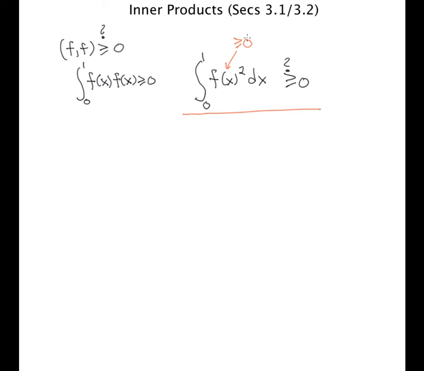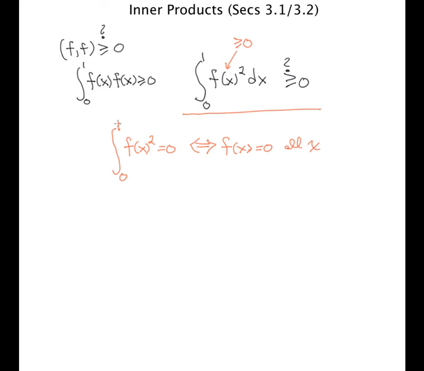And what about the business about it being equal to 0? I need to know that the integral of f of x squared is equal to 0 if and only if f of x is just the 0 function. Is that true?